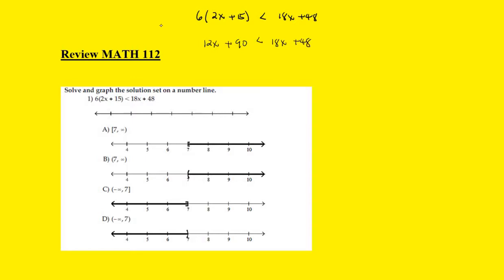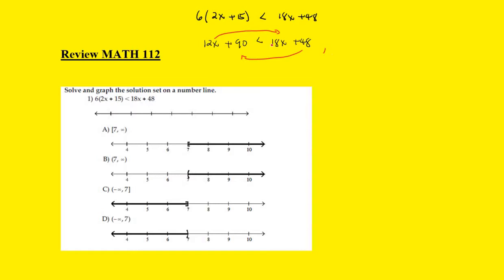The next thing we're going to do is regroup some terms. We send the variables to one side, so the 12x goes this way, and the constants, the 48, go the other way. So we regroup variables on one side, constants or numbers on the other side of the inequality.